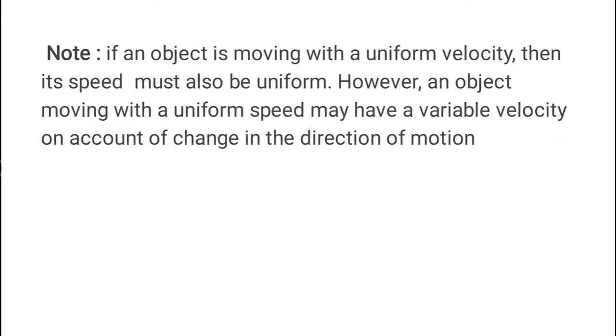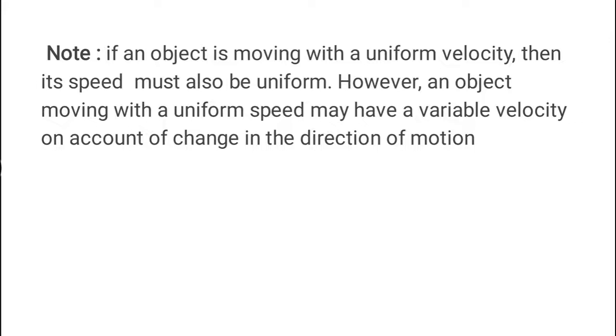Now this is an important point which you must know. What does this statement say? If an object is moving with uniform velocity, then its speed must also be uniform. That is obvious. Why? Because if an object is moving with uniform velocity, then it has constant speed with constant direction. So speed is uniform.